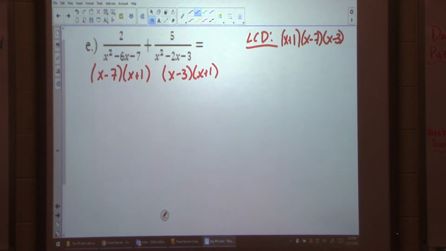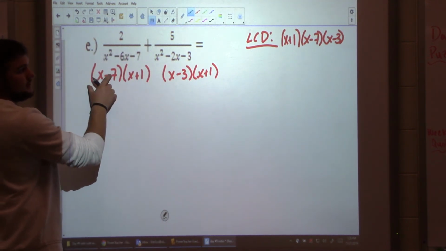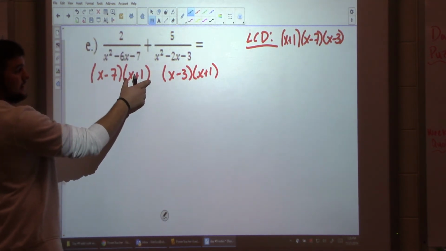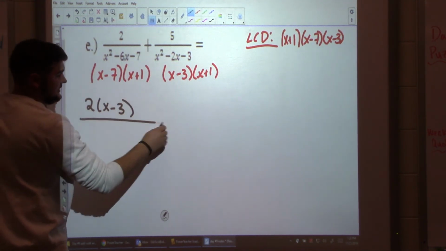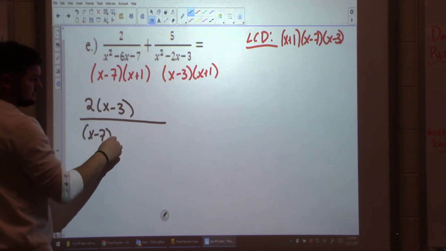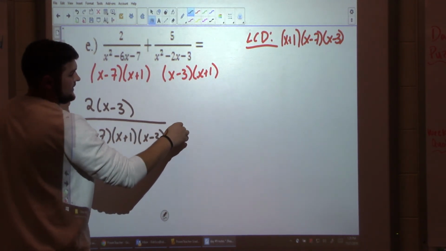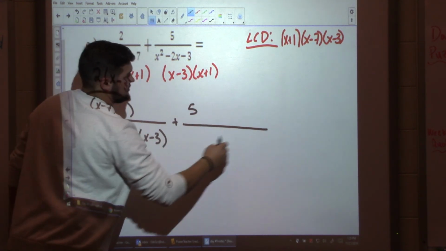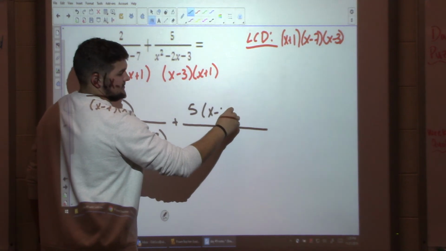Okay? So in our first fraction, what part am I missing in my denominator? x minus 3. So I'm going to multiply top and bottom by x minus 3. Okay, the second fraction, which part am I missing? x minus 7.